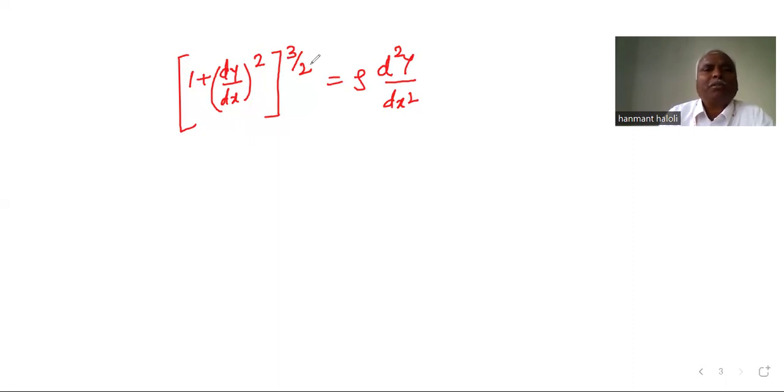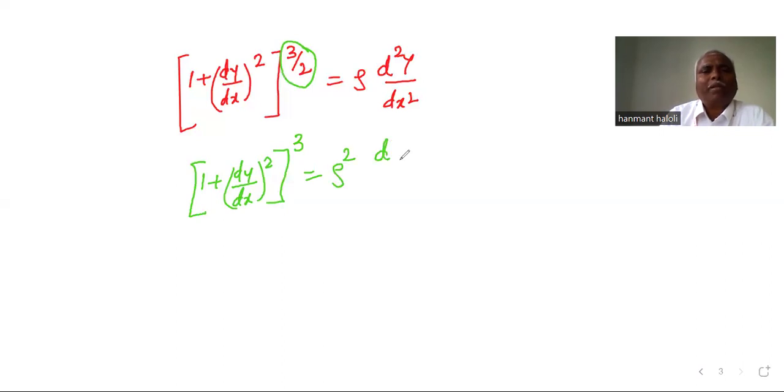To remove these fractions, square both sides. Then the root will get cancelled. You get (1 plus (dy by dx) square) whole raised to 3 is equal to rho square (d2y upon dx square) whole bracket squared.